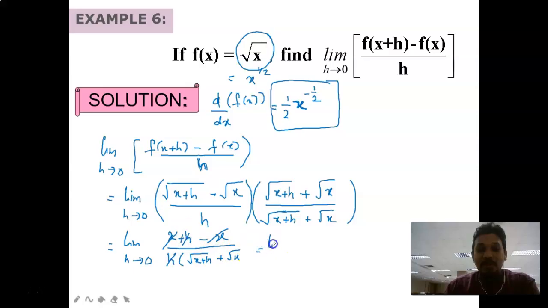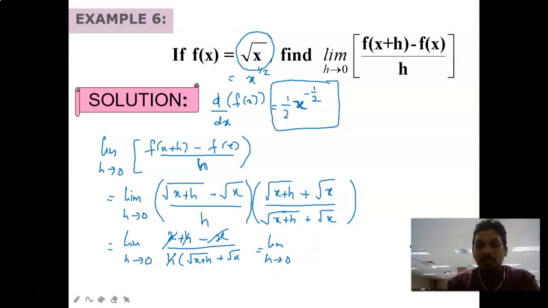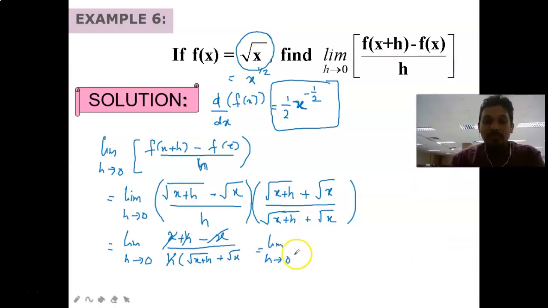Then you come out with the limit as h approaches 0. When x minus x equals 0, h divided by h equals 1. Then you come out with 1 over the square root of x plus h plus the square root of x. Now we can substitute the value of h equal to 0.